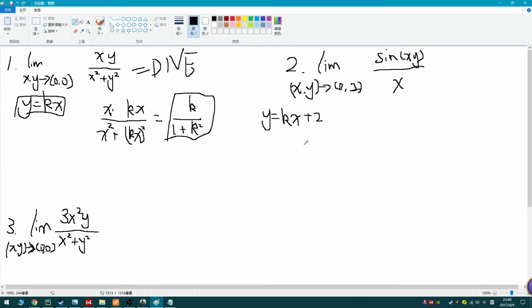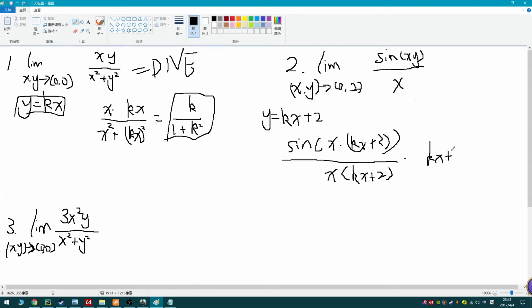And we do the substitution, we would have sine of x times (kx plus 2), divided by x. So it's the same thing if you have it divided by k times (kx plus 2), times (kx plus 2).